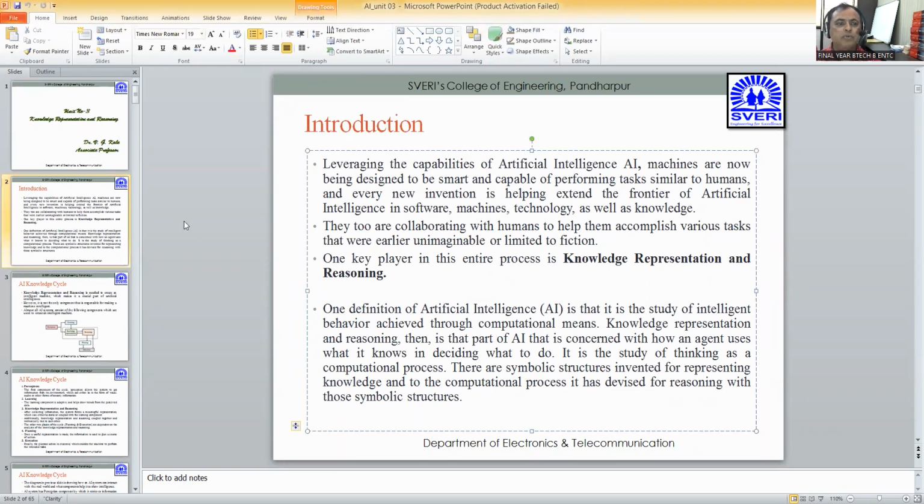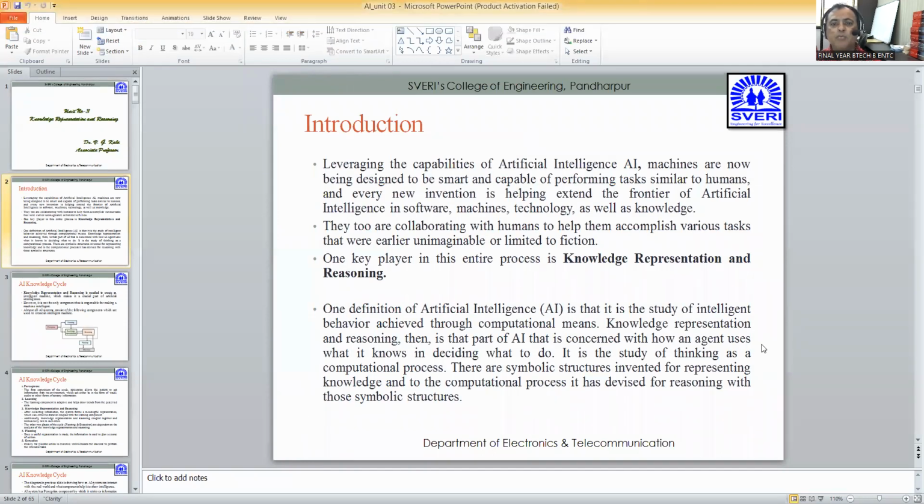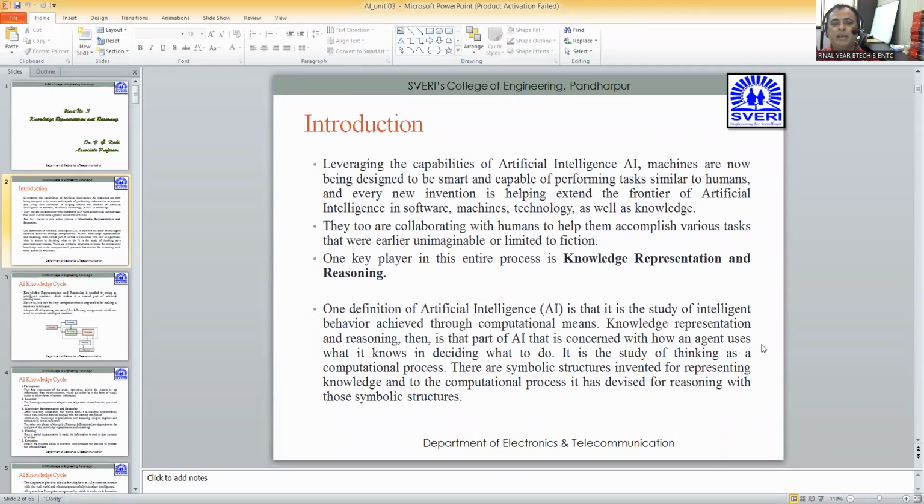We are into the third unit, knowledge representation and reasoning. Now we have seen why AI is becoming very intelligent, because machines are now being designed in such a way that they have become smart, capable of performing tasks like humans. Earlier we saw that AI is nothing but a software, machine, technology, but now we are using a word called knowledge. The tasks which were unimaginable, now are possible with the help of machine and AI.